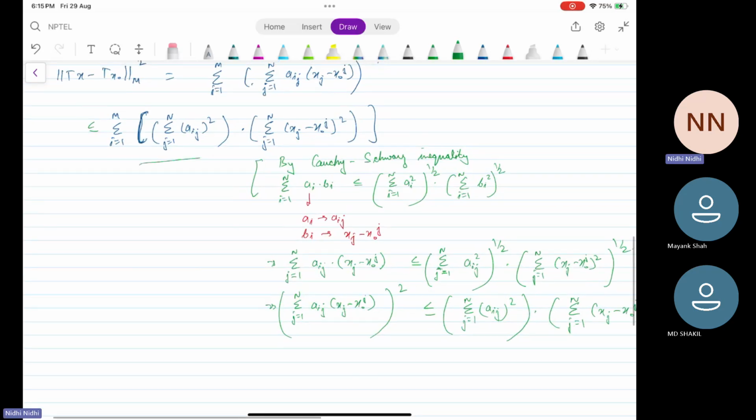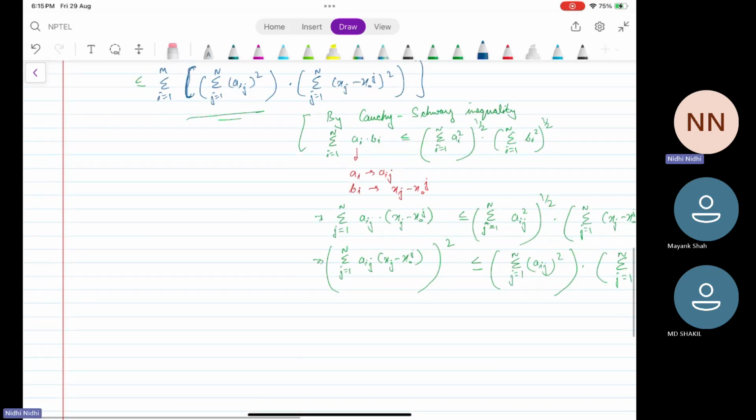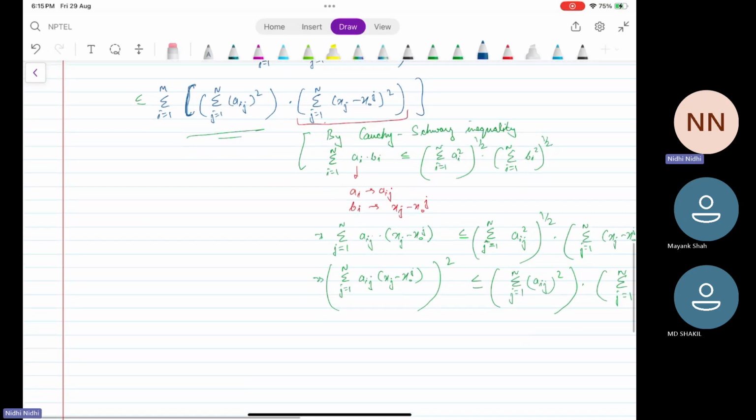That's how we get this inequality. Now, since this term is independent of i, I can take it outside the summation.